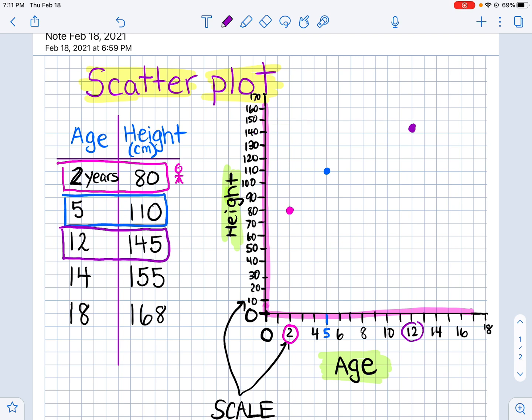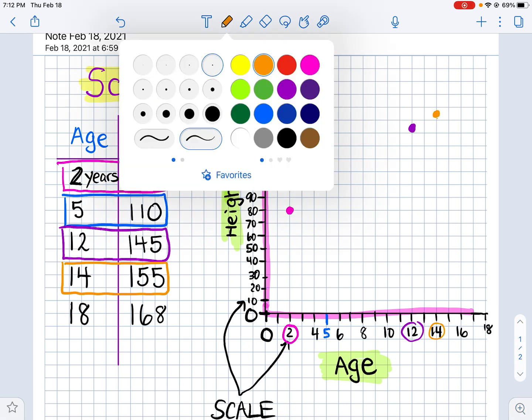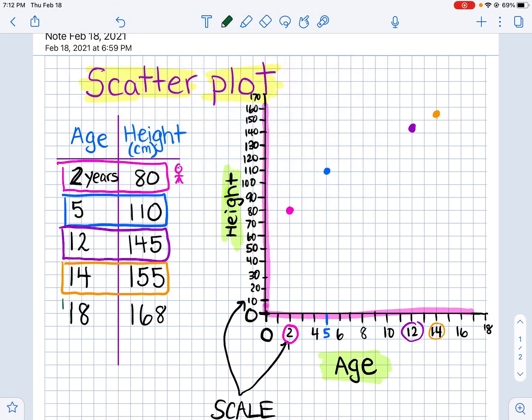Next one, 14 years old and 155 centimeters. So right here. And the last one, 18 years old, 168 centimeters. So 18 years old and 168, right there.